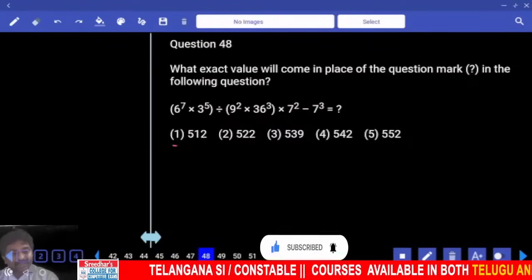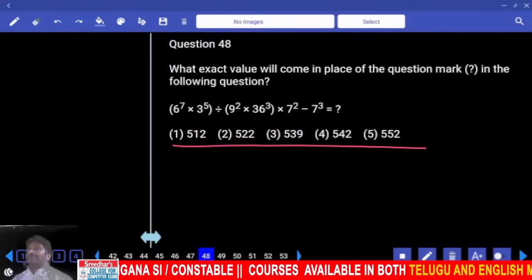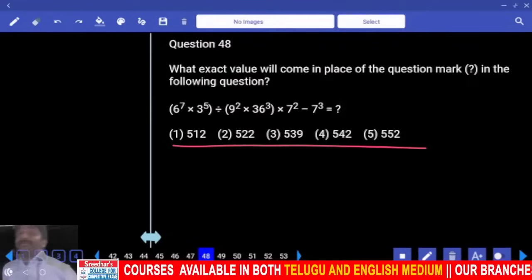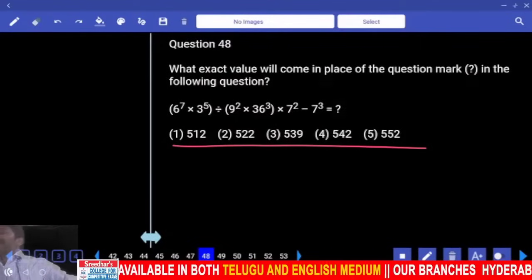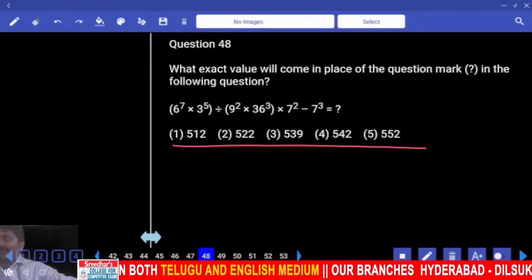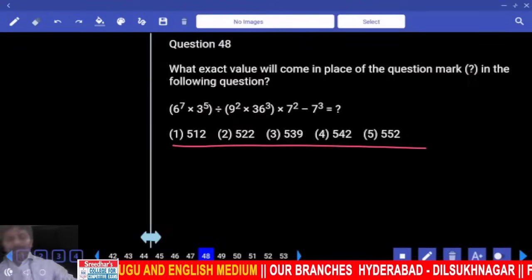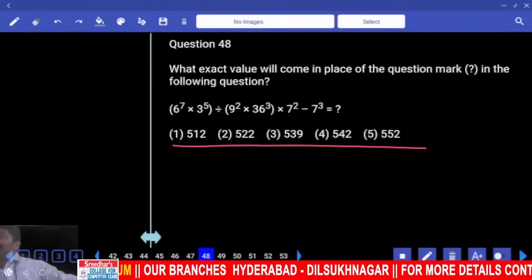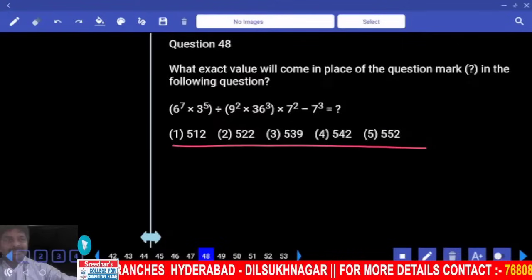Okay. But the advantage is all the numbers are close to 560. Why 560? Because 7 times 8 is 56, so 560. So I'll compare only with respect to 560. Okay? Or 7 times 49, 490. So I'll compare our numbers with 490 and then 560.